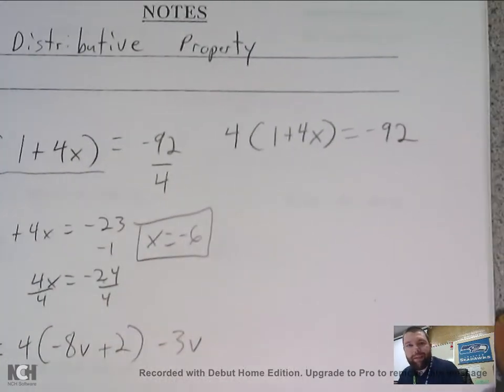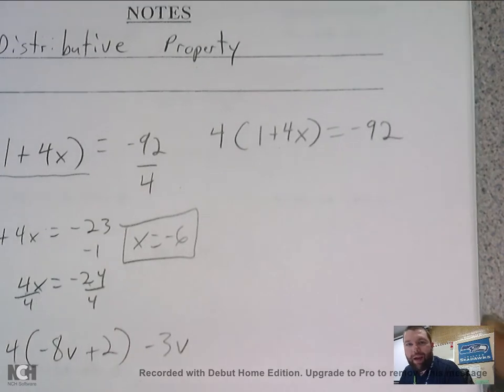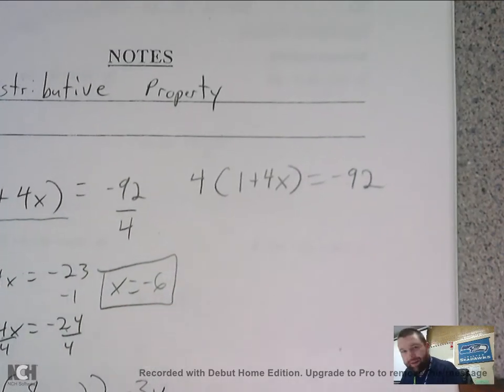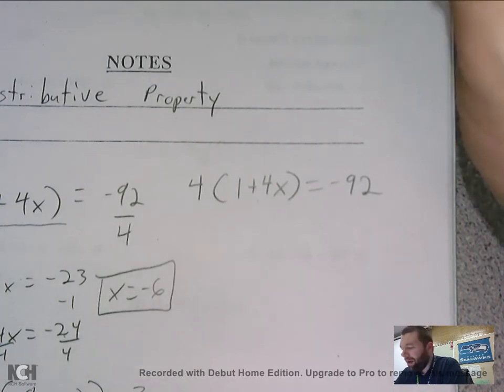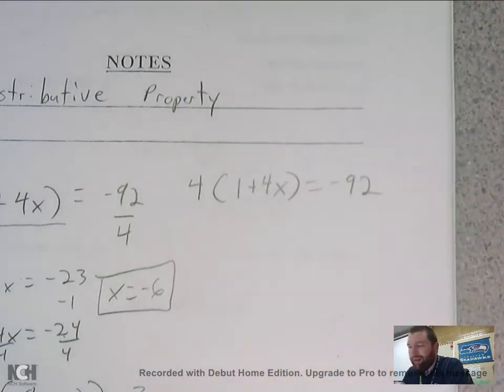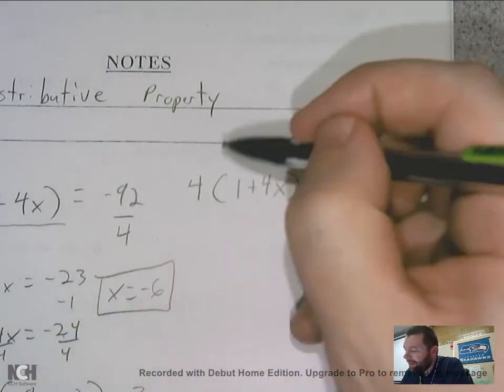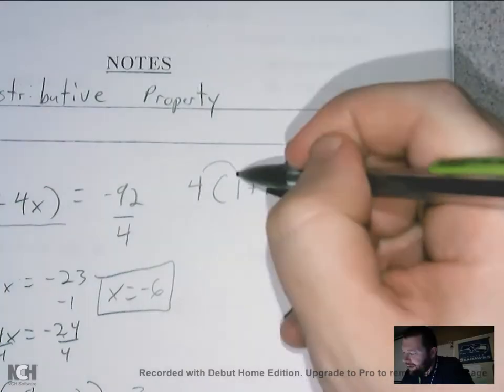Now, this is the way that I would say you need to kind of look at these problems going forward in math, because as they get more complicated, that dividing trick becomes less and less useful, okay? So this is why it's called the distributive property too. If this 4 is outside the parenthesis, that means it is multiplying with both terms inside of it.